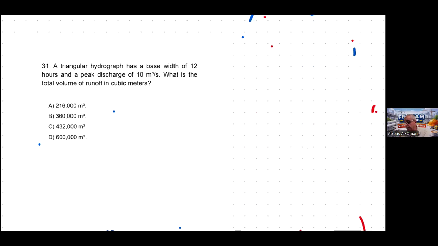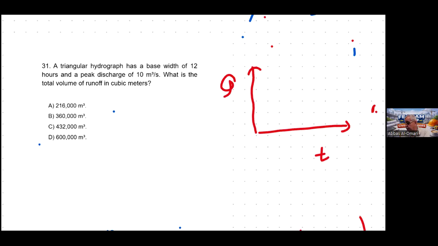So this is runoff, and this is time. The x-axis is the time, and the y-axis is Q. So the hydrograph is triangular, so it's something like that.